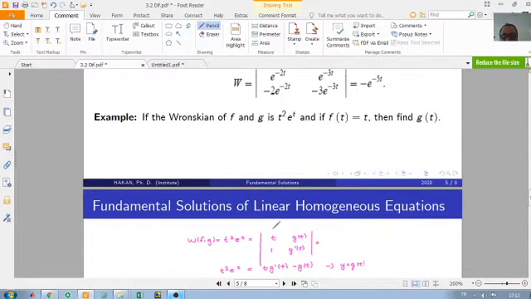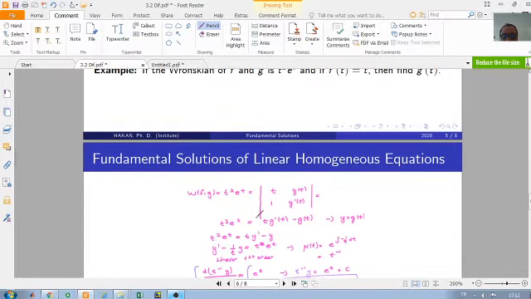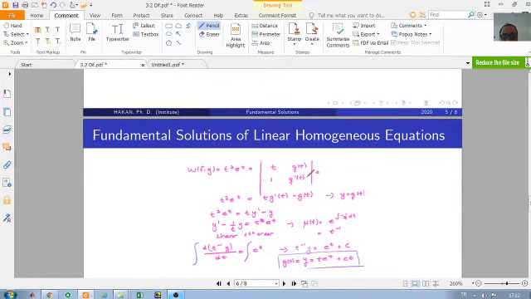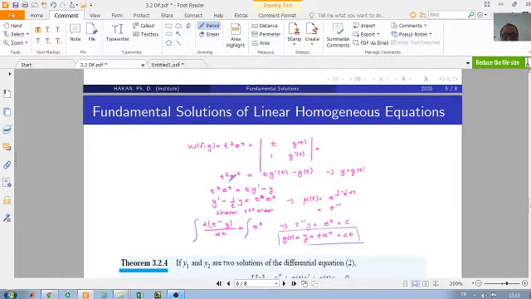The first one is t, and we don't know the second function, g of t, and the second row is found by finding the derivatives of the first row. The derivative of the first one is 1, the derivative of the second one is written as g prime of t, and the determinant will be t times g prime minus g, and it is equal to t squared times e to the power t.